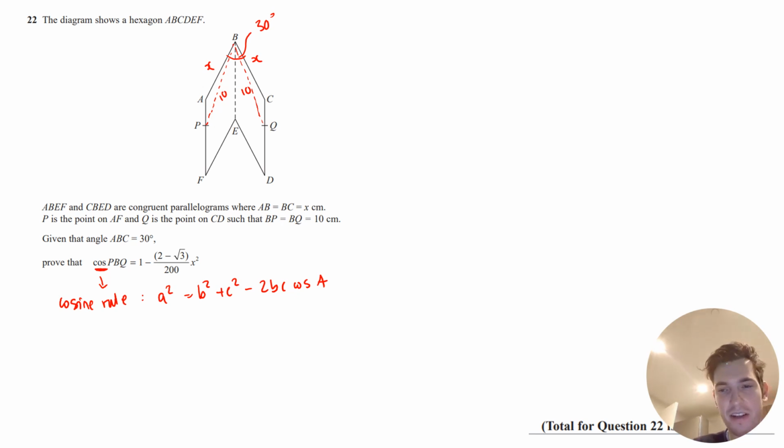And now let's actually think about what triangles I have here. So let's have a look at triangle ABC. I'm just going to draw a triangle ABC up here. So I've got ABC, that angle there is 30. I know that. And I know I've got X and I've got X. But I don't know what AC is.